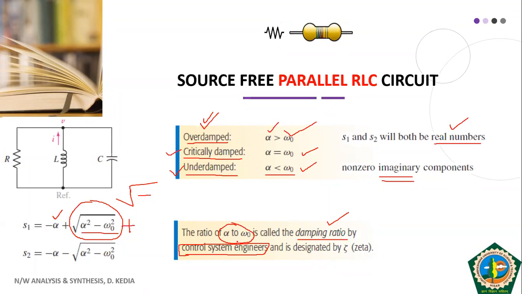This damping ratio, alpha by omega naught, is also designated as zeta. This is the sign of zeta. Presently you need not worry much about these parameters. You simply remember their names and the terminology associated with them. Okay, now let us move forward.